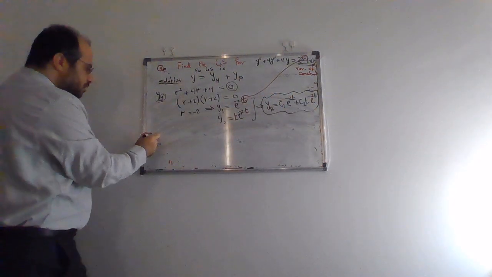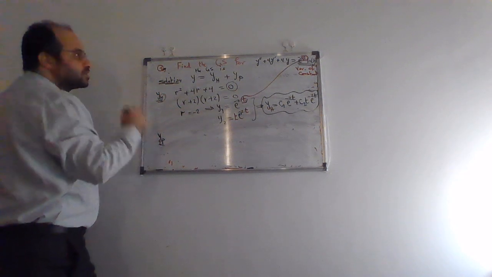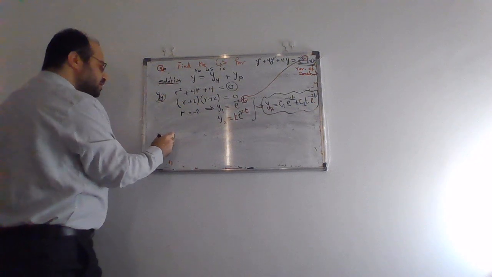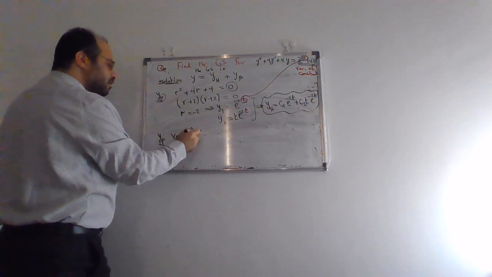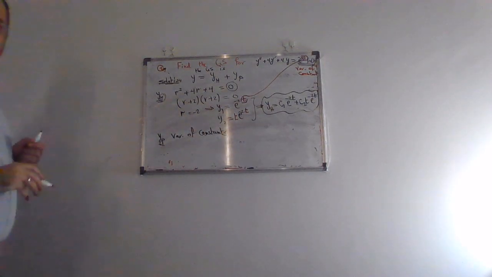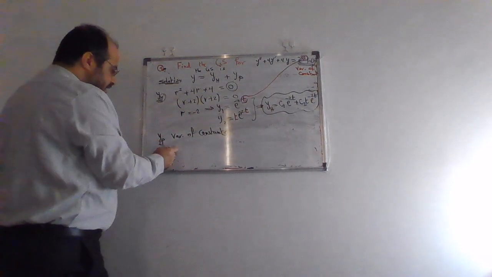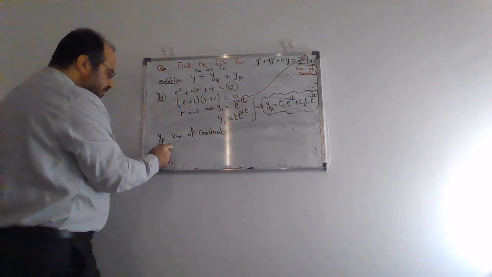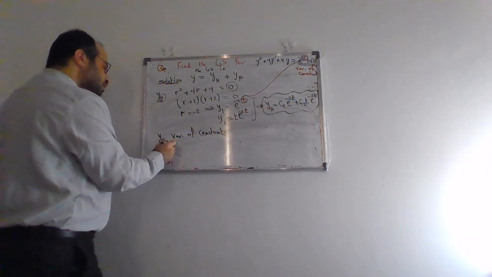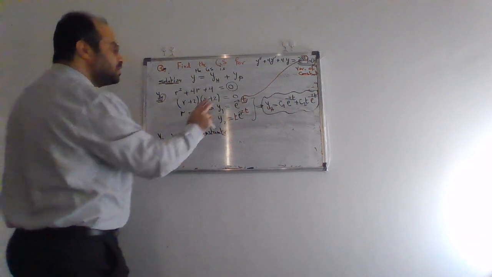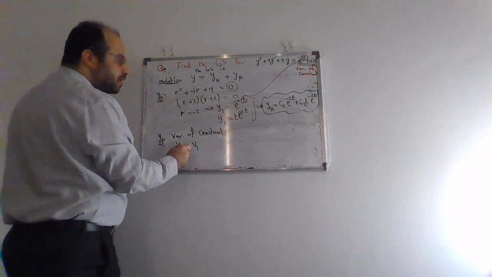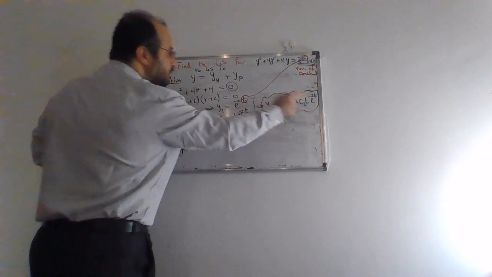Now for y particular, I don't have any other option. It is not a nice function, so I need to go with variation of constants. This method says we change C1 and C2 to functions.